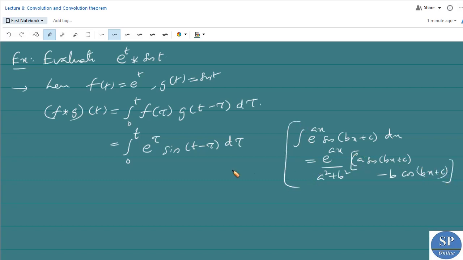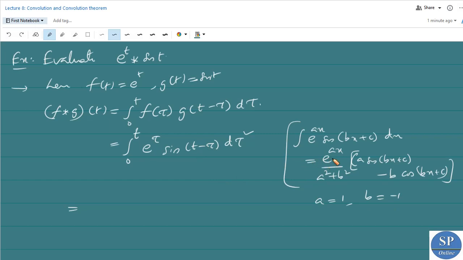Applying this, here a equal to 1, that is e power 1 into tau, and b equal to minus 1, because this is sin of minus tau plus t. We are integrating with respect to tau, so x can be replaced by tau, so b equal to minus 1.